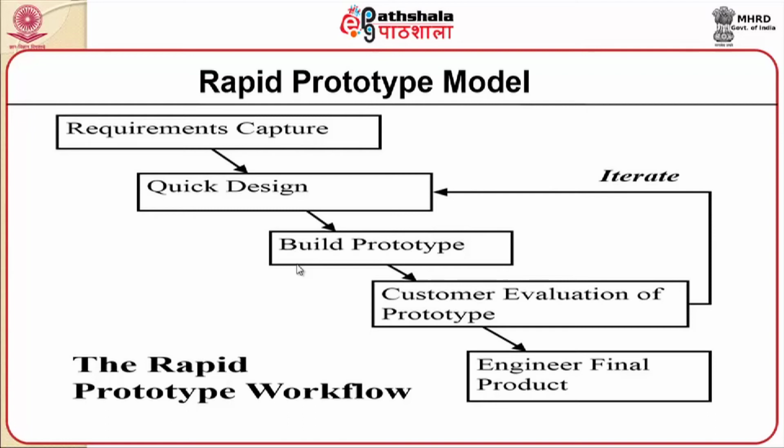But after we clearly understand the requirements in this rapid prototyping model, we go for a quick design, which means I am taking a specific module where I am plotting the design and I build a prototype. This will make the customer more satisfied that this is how the development would clearly look. So this will be given to the customers for evaluation purposes.